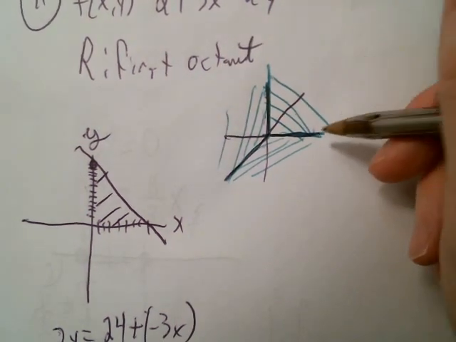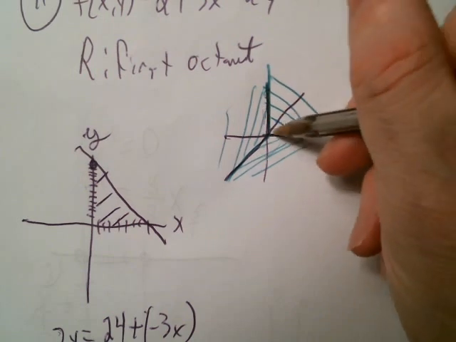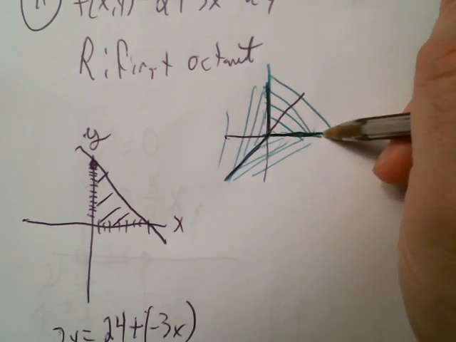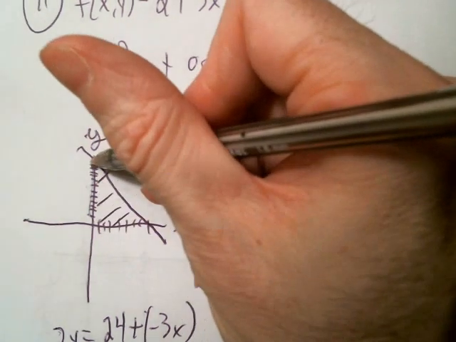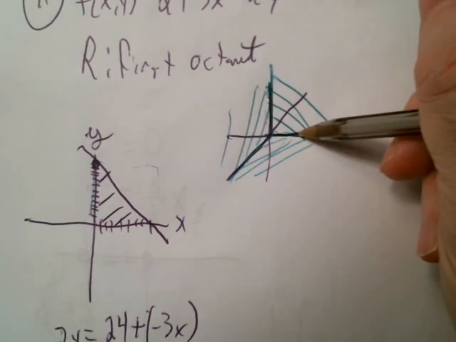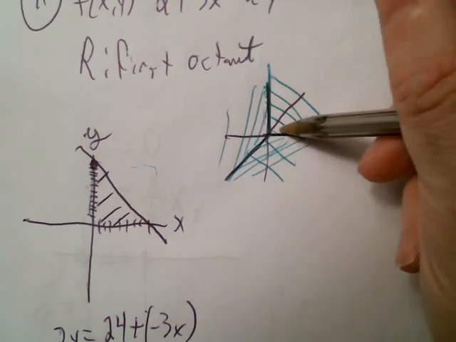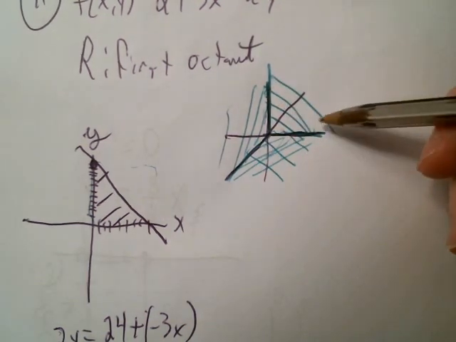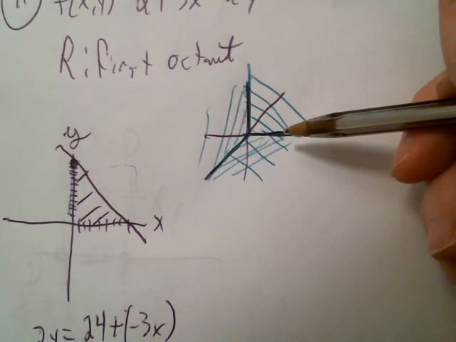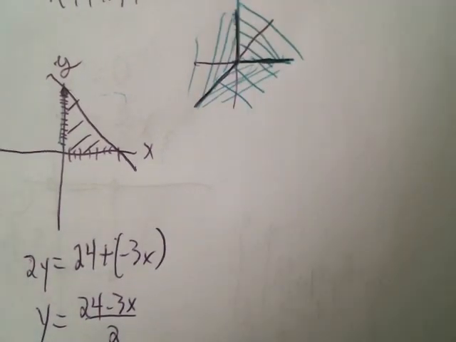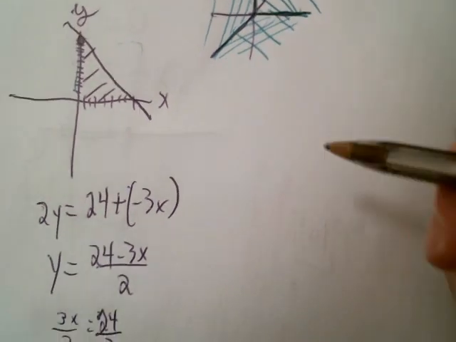So this kind of room right here, and over top of the first quadrant. Hopefully that's clear what it means by the first octant. It's kind of hard to describe that with my limited artistic skills.